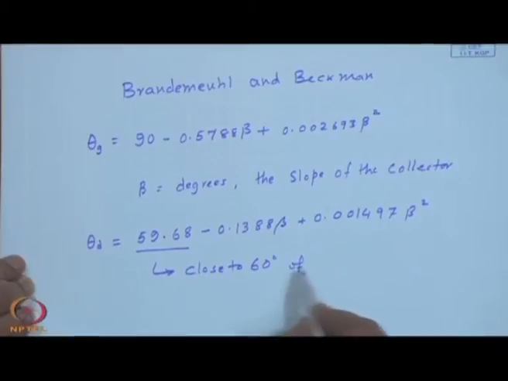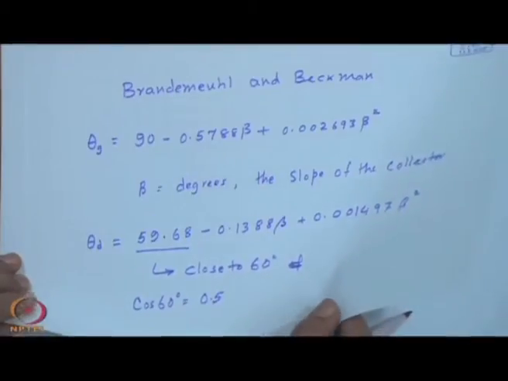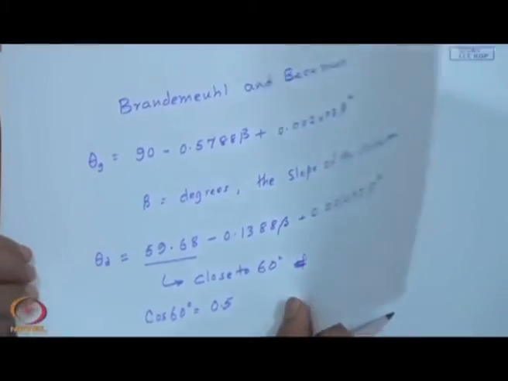If beta is 0, it will be only 59.68 and cos 60 degrees is 0.5. So, if you have a horizontal collector, our transmittance absorptance product will correspond to theta equal to 60, which is cos 60, a half.